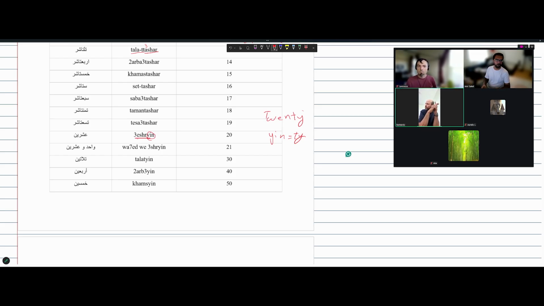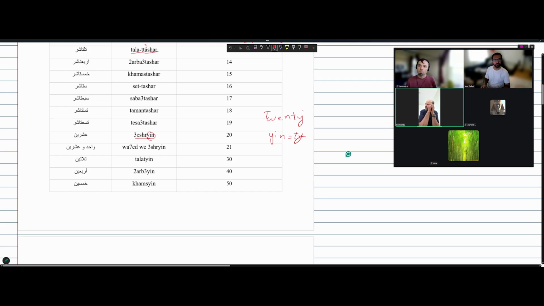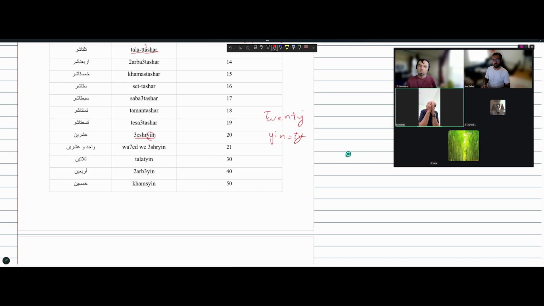It depends on the position of the word in the sentence, whether it's nominative or accusative. But for some reason in Egyptian Arabic, it's very fossilized into this. So this is like an accusative masculine plural, the Y and the N at the end. That's my understanding. Might be totally wrong. I'm not really good at grammar.